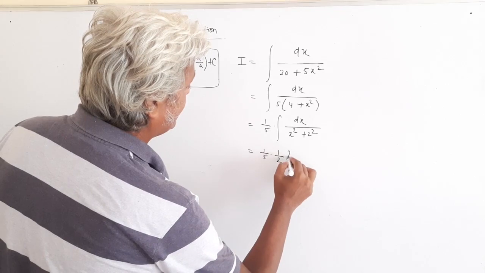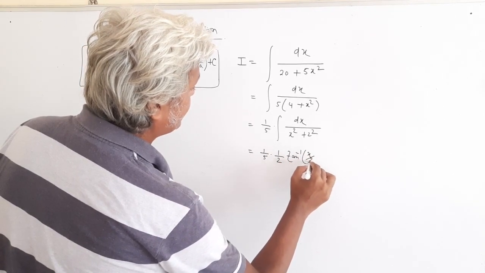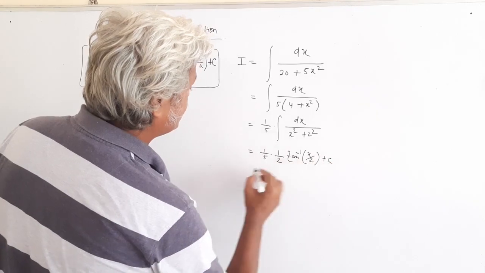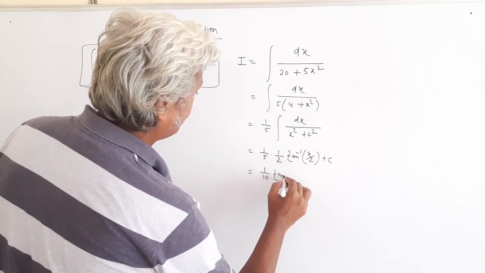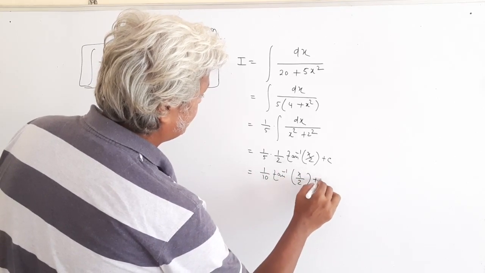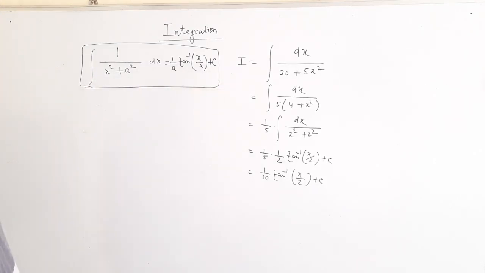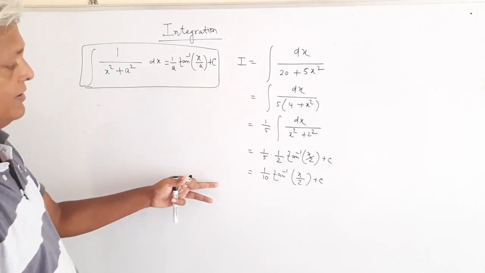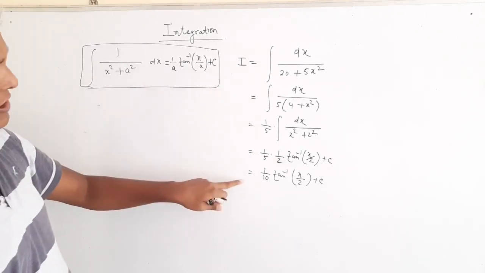So 1 by 2 tan inverse x over 2 plus c. So the answer will be 1 by 10 tan inverse x by 2 plus c. Now this is the answer. I hope that you got this question.